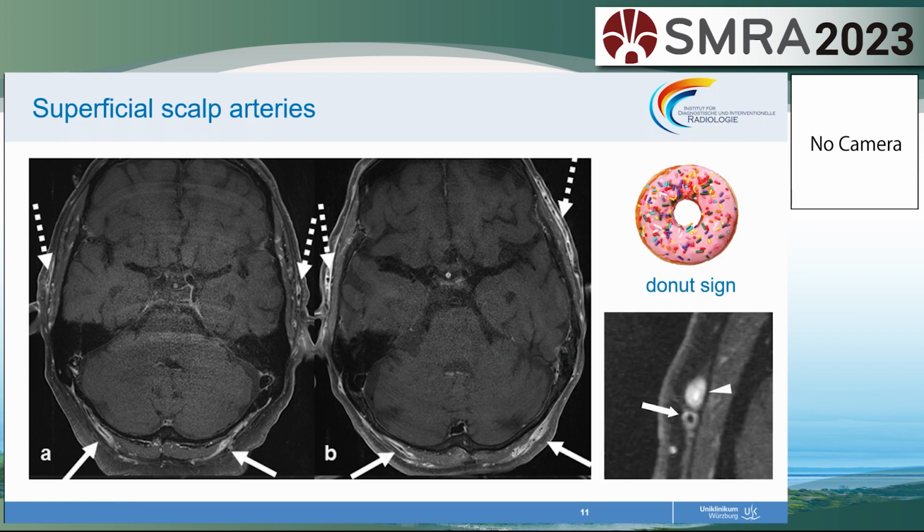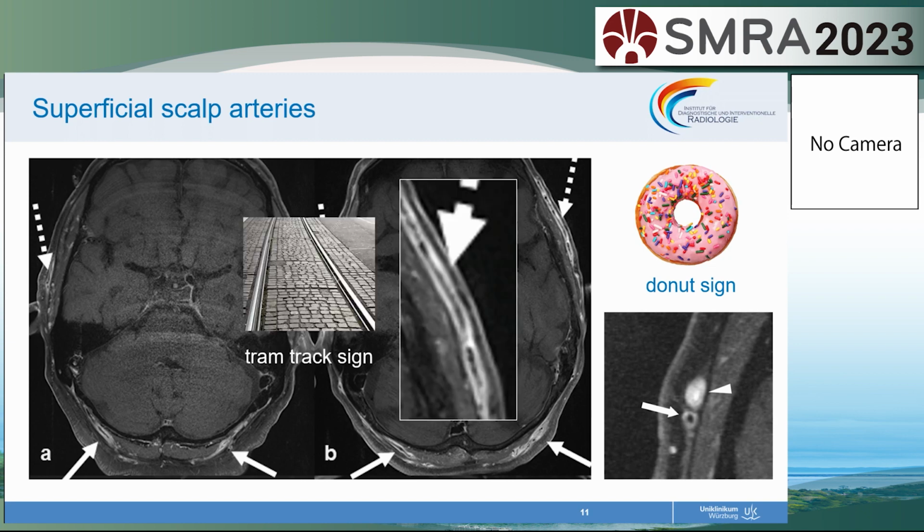We're looking for the donut-shaped appearance, the circumferential thickening of the vessel wall, as you can see by this little enlargement, or if it's a longitudinal aspect of the vessel, the Tremprek sign, if you will. So inflamed artery lumen and inflamed artery wall again, so it looks like a Tremprek.